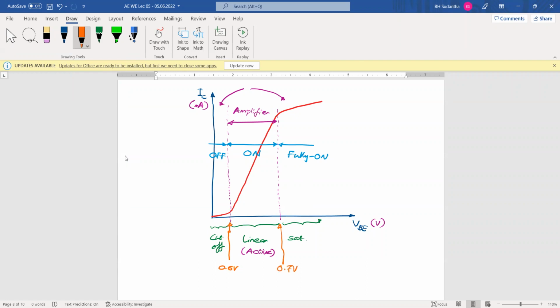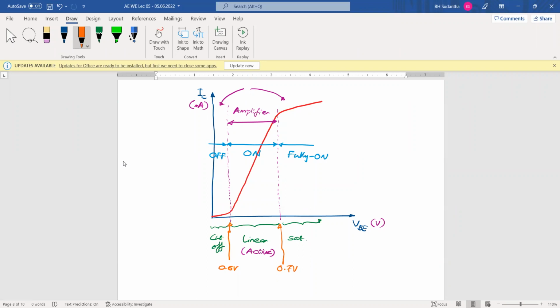When you change from 0.6 to 0.7 volts at the emitter-base PN junction, it goes from on mode to fully on mode. When you apply 0.7 volts to the transistor, it will be switched to fully on mode from on mode. This 0.1 volts difference is enough to go between these two.